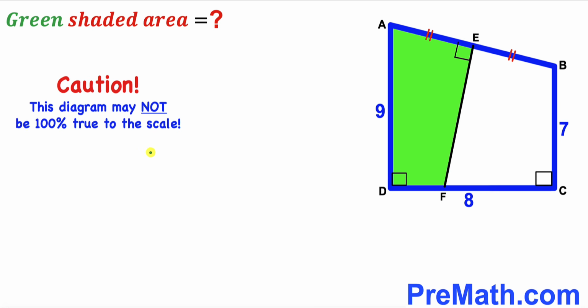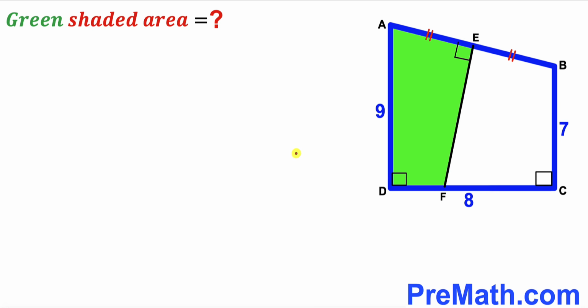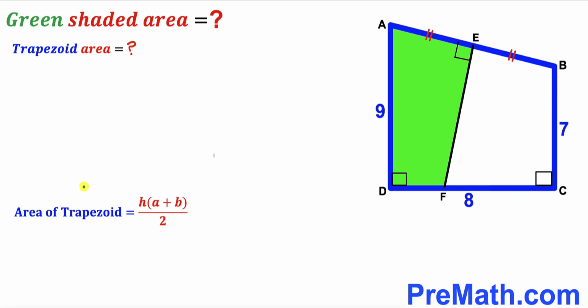Please keep in mind that this figure may not be 100% true to scale. Let's go ahead and get started, and here's our very first step. Let's calculate the area of this trapezoid ABCD. Let's recall the area of a trapezoid formula: area is always equal to the height h times a plus b all over 2.